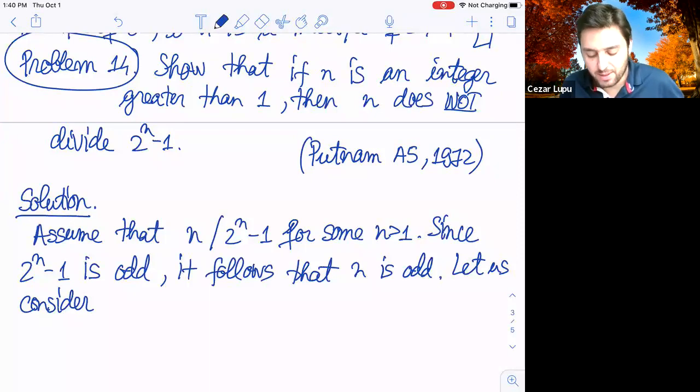You cannot have something like 4 dividing 2 to the 4 minus 1. So it has to be odd, not even.